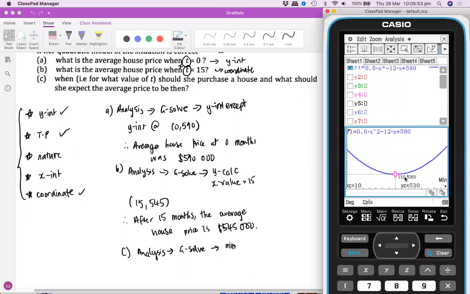So it's telling me that after 10 months, the average house price will be $530,000, which is at its cheapest. And so that's when she should buy it. So your T is 10 months, and then the house price is going to be 530,000.